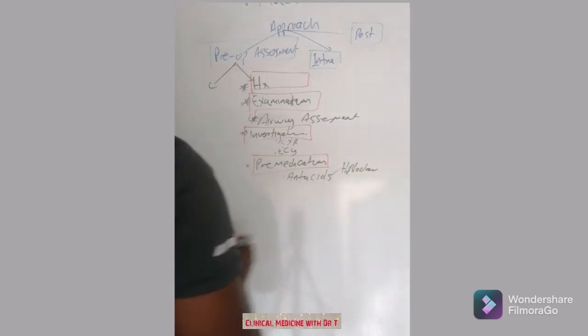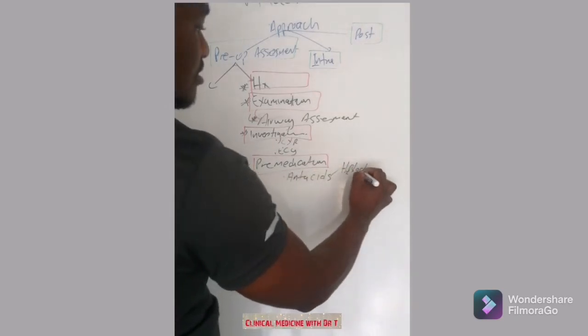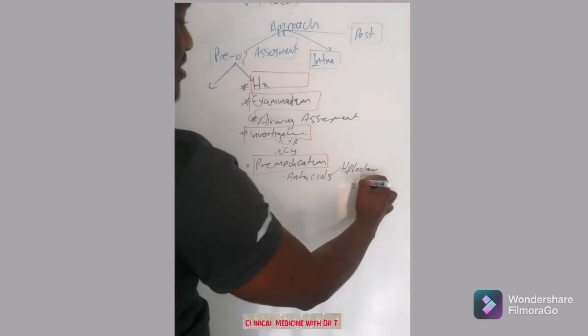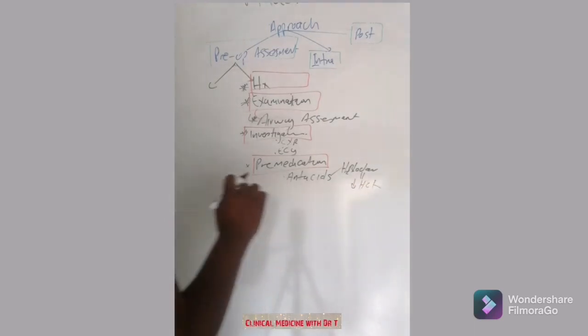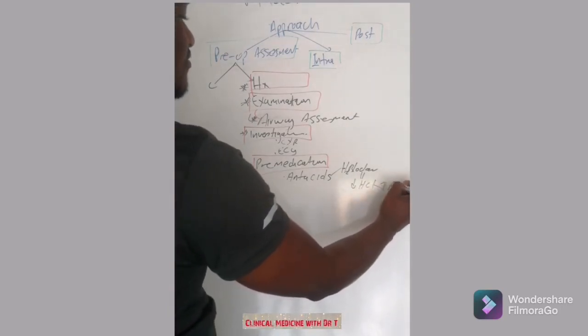I think it's H2 blockers, which act in the stomach. So if you block H2 receptors, you are going to decrease the production of hydrochloric acid, and when you do that, you are going to increase the pH of this patient.